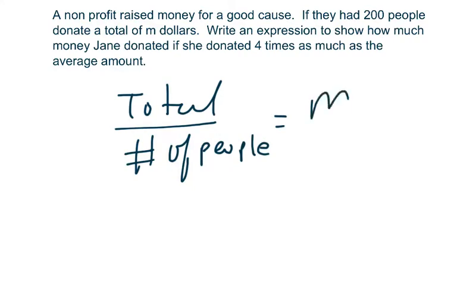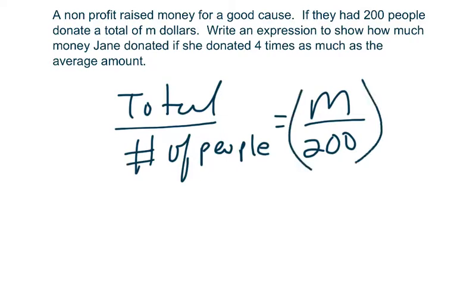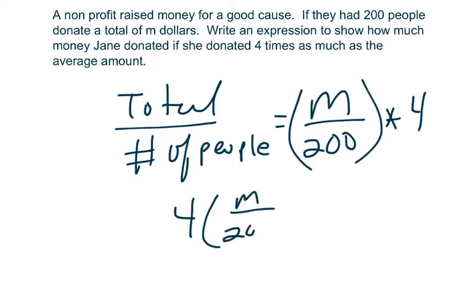So first off, M divided by 200 is the average. Now, she donated 4 times as much. So you're going to take this and you're going to multiply it by 4. So you could write it like this, or you could also write 4 times M over 200. But notice parentheses again around any type of division problem. It's very important for order of operations.